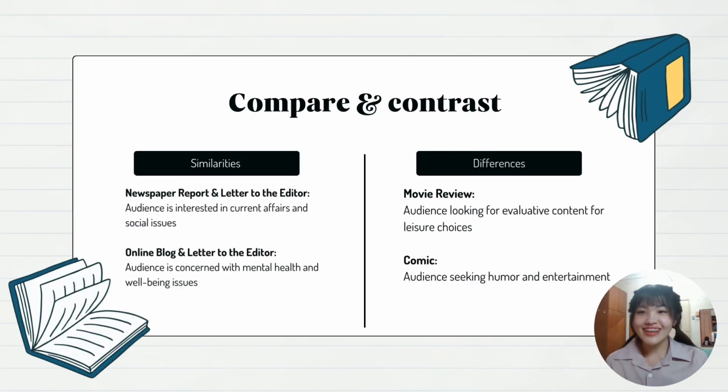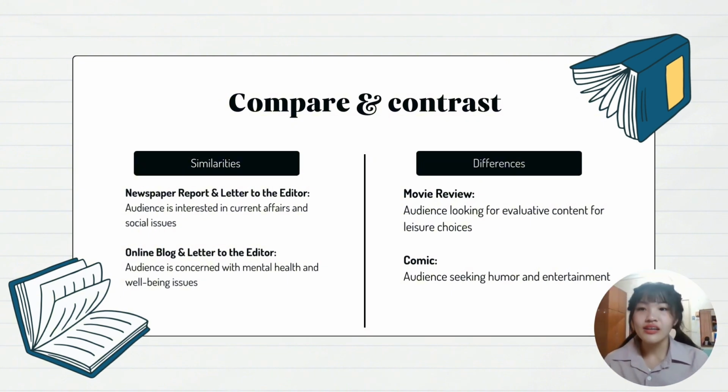Next, let's look at the similarity and differences among different types of text. Based on the text samples I have analyzed, the similarity between the newspaper report and the letter to the editor is that they both have well-educated readers who are interested in knowing current affairs and social issues.